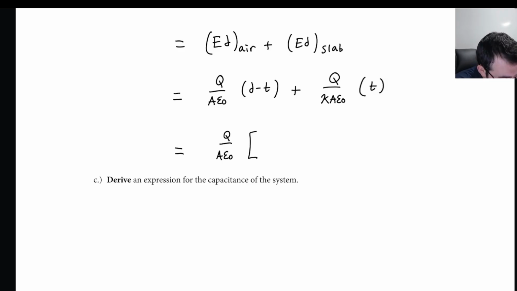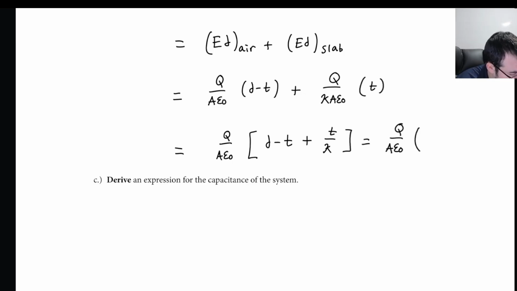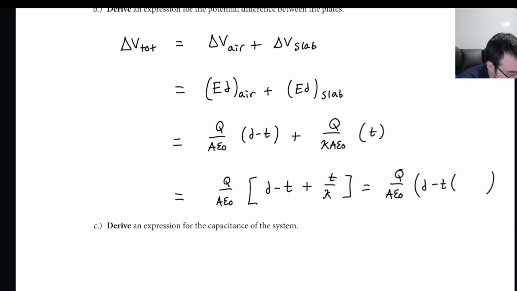And then we can write this as D minus T plus T divided by kappa. And I might write this even again as Q over A epsilon naught times D minus T times the quantity 1 minus 1 over kappa.